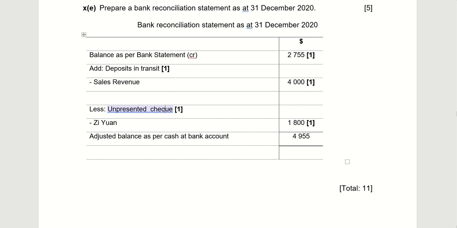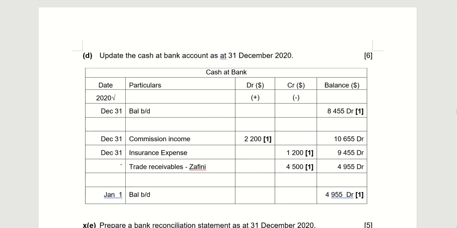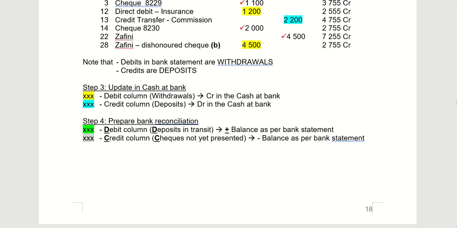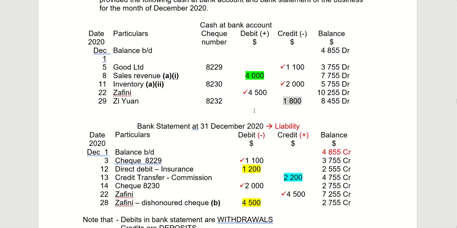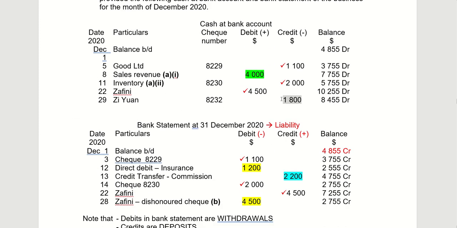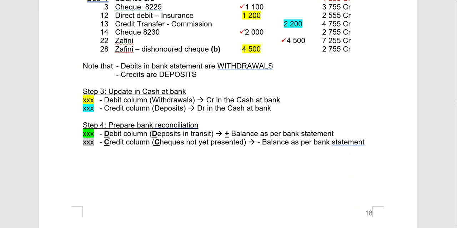All right, the next one is less what? Over here, we have the next item, which is in gray. This 1008 is in the credit column. So this is a check not yet presented. What does check not yet presented mean?